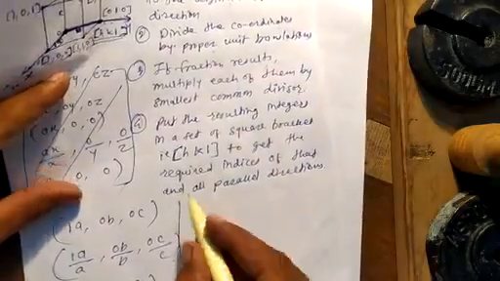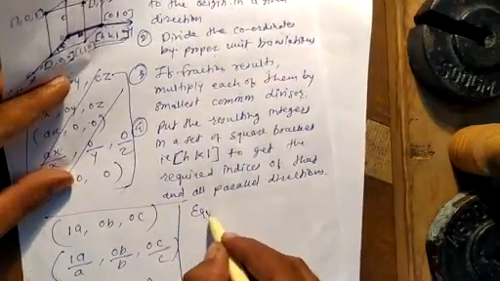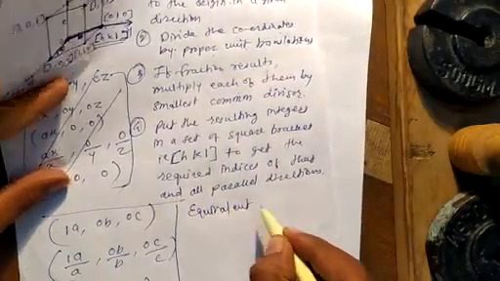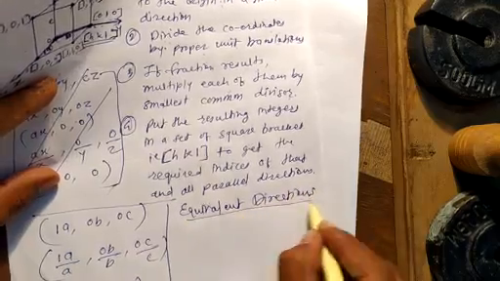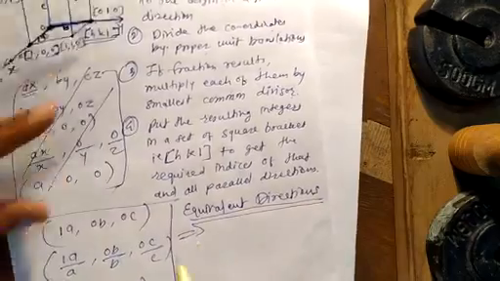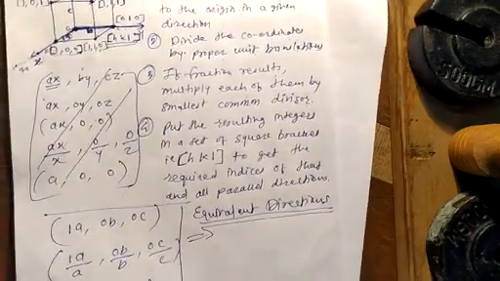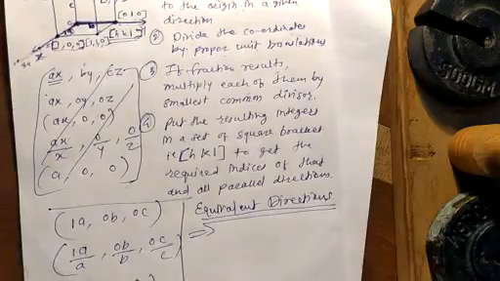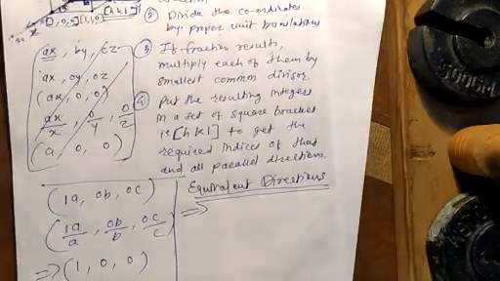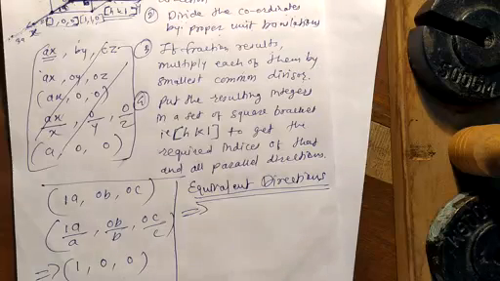Now, what are the equivalent directions? There are sets of directions having identical spacing between the atoms. They are called equivalent directions.